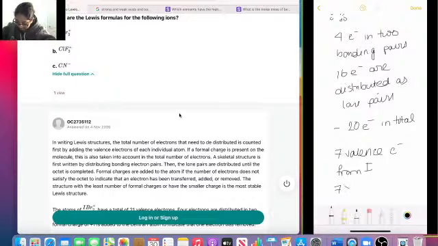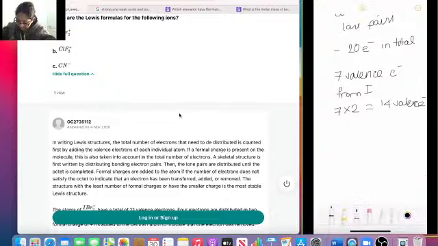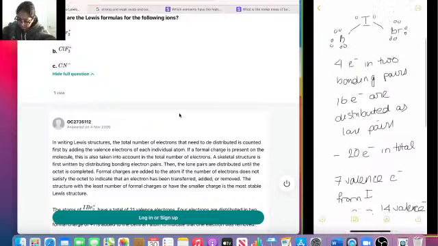You have 2 bromides, so you have 14 valence electrons, and so in total we have 21 valence electrons. But you see here we only paired 20, right?